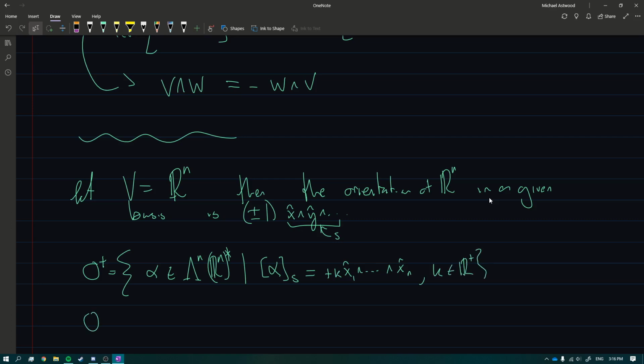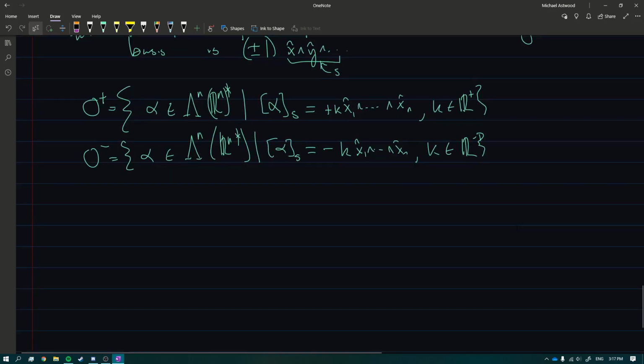And similarly for O minus, you have alpha in lambda n of Rn star, such that the representation of this form in the S basis is negative k x1 dot dot dot wedge xn, where k is now a negative real number.